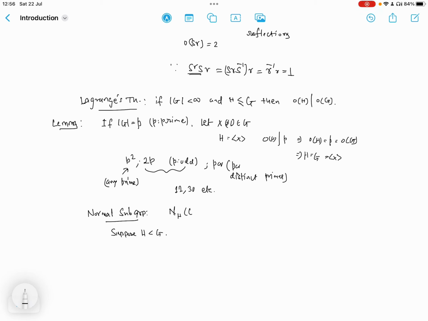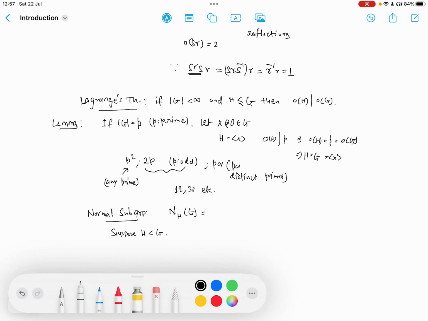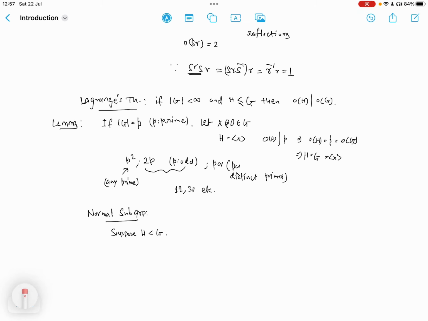And consider the normalizer of H inside G. That is all those elements g of G such that gHg inverse is H. But this notation is not just this.